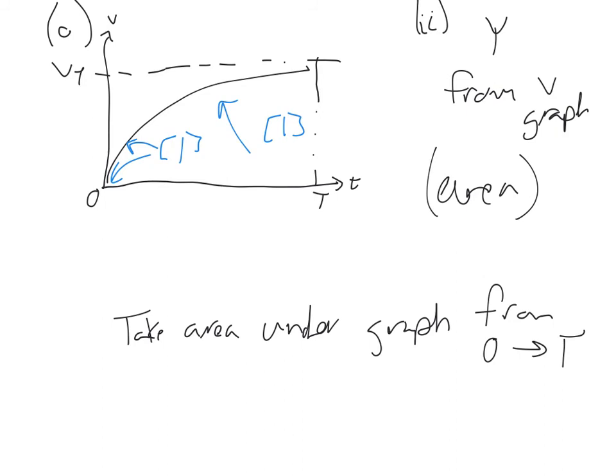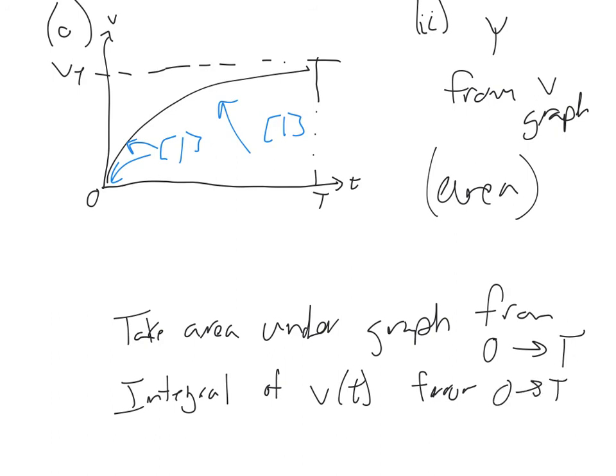Another thing that you could say is by taking the integral of the velocity equation, again, from 0 to t. And that was pretty much 1 point, because it's pretty straightforward.